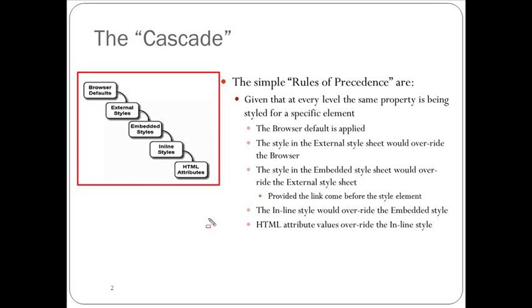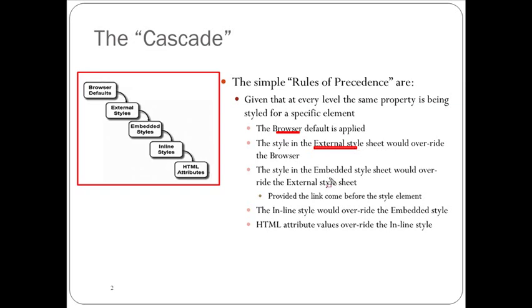So if we look at a declaration, property and value, the same declaration for the same element at all these levels, the first one that gets applied would be the browser. Whatever the default is in the browser, that would apply. However, if the exact same declaration for the same selector is in an external style sheet, then that would override the browser.